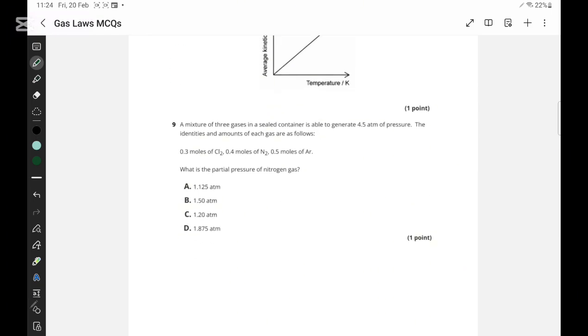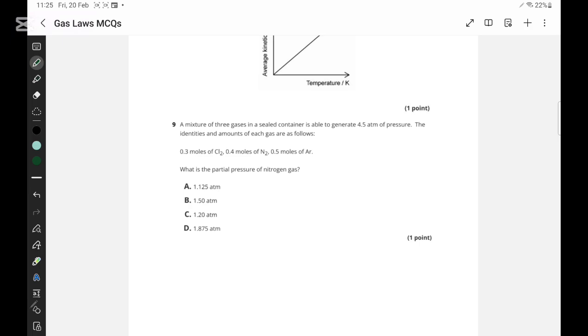So this question: a mixture of three gases in a sealed container is able to generate 4.5 atm of pressure. The identities and amounts of each gas are as follows: 0.3 moles of chlorine, 0.4 moles of N2, 0.5 moles of Ar. What is the partial pressure of nitrogen gas?